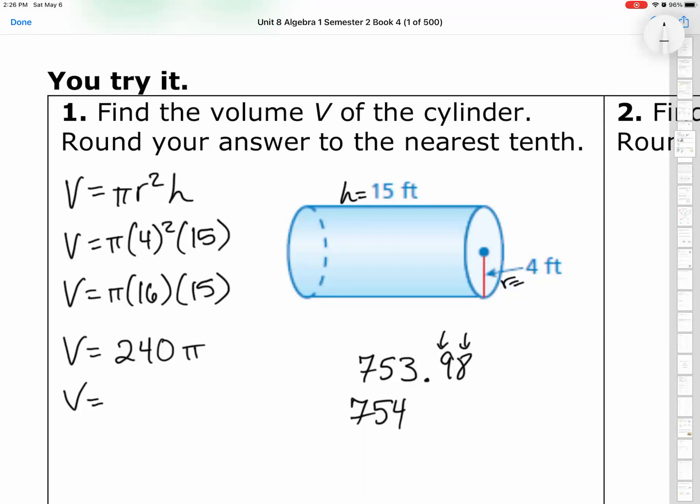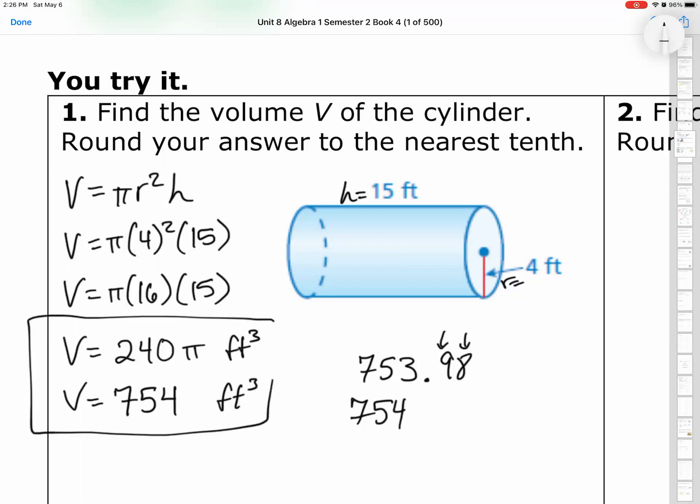So it's like it's rounding everything up from the 100th, then to the 10th, and then to actually the integer itself. So that's why our volume comes out to be 754. And this is, again, feet cubed, feet cubed. Okay. Go ahead, feel free to pause the video if you have any questions at all there.